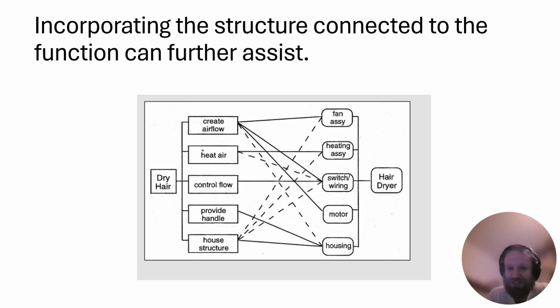A greater degree of understanding and evaluation of the problem can occur by connecting the function to the structures that perform that function. In this case, we look at the hair dryer example, in which we can potentially ideate around those different structures, and we have two different categories on which we can design around, both function as well as ideation.